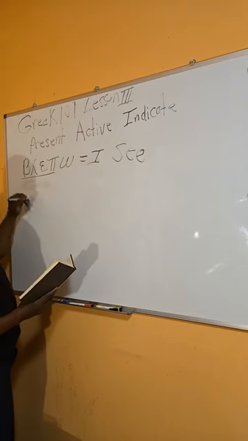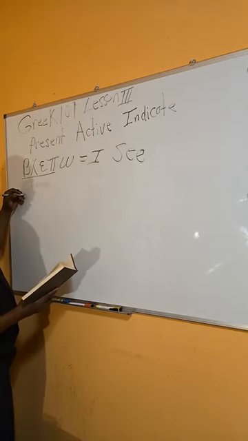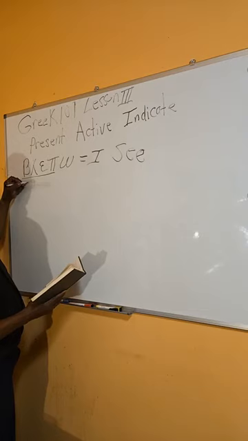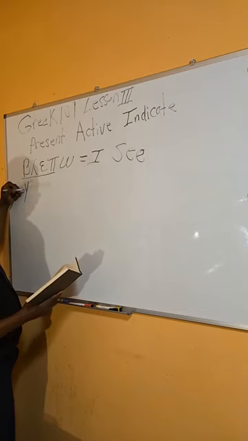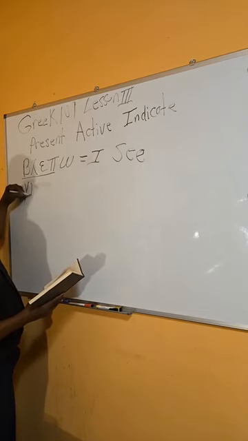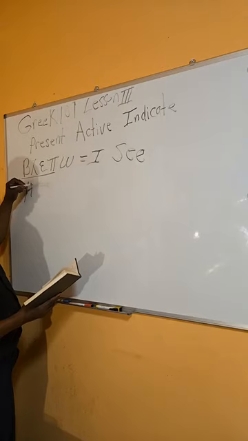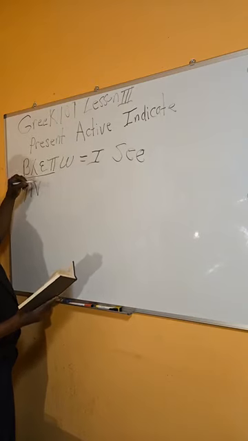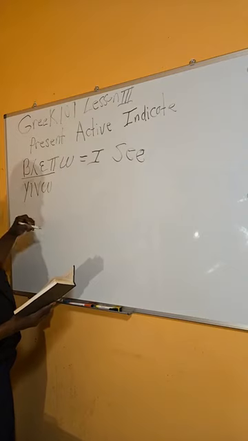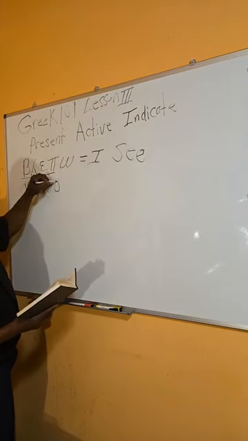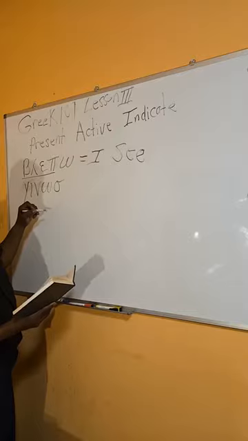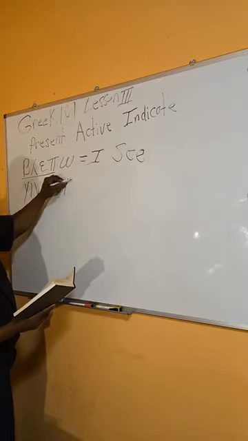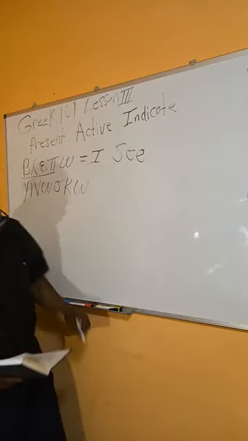Now we have another word called gnosko. Gamma, iota, nu, let's give you that N sound, omega, long O, sigma, S, kappa, omega.